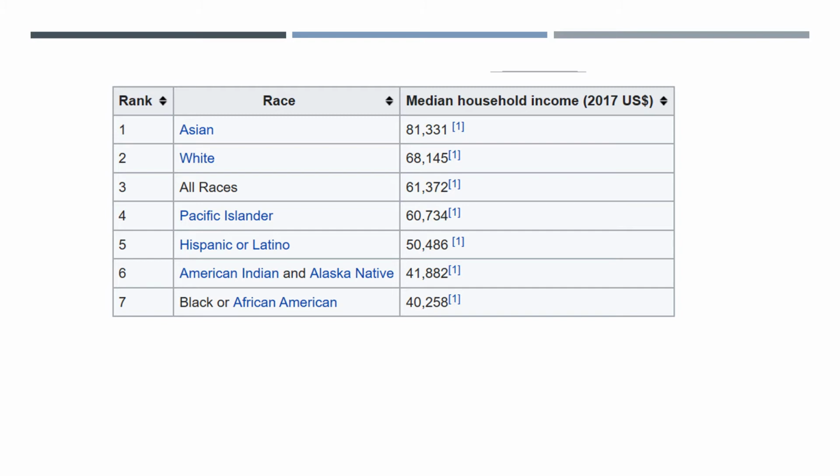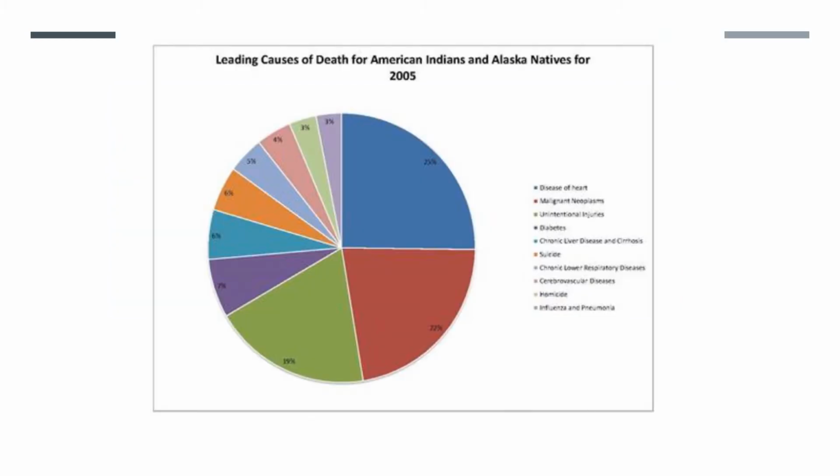So, income and percentage of population living below poverty are manifestations of social epidemiology. So, here are the leading causes of death for American Indians. And this is another manifestation of social epidemiology.